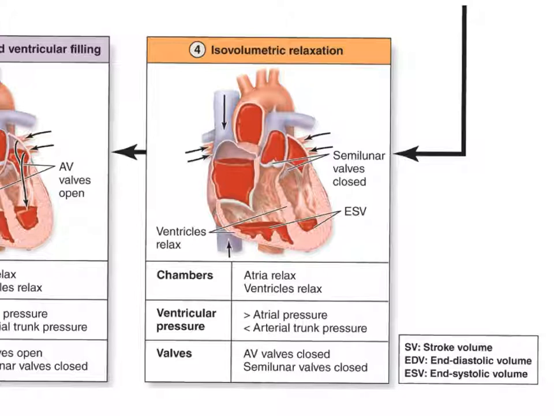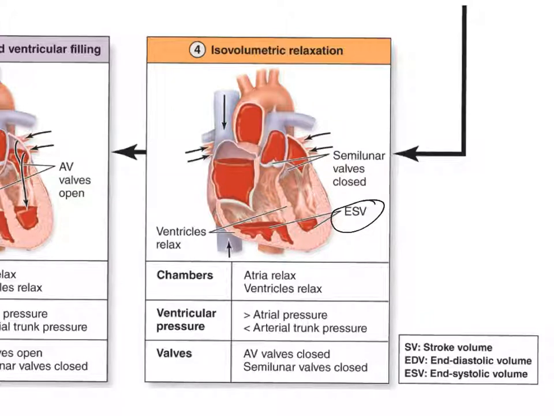You can estimate a percentage of 80 to 90%, but no one really knows because we can't stick a volumetric barometer inside your heart. But that's what we call the end systolic volume, ESV. That's the amount of blood left in the heart after ventricular contraction.